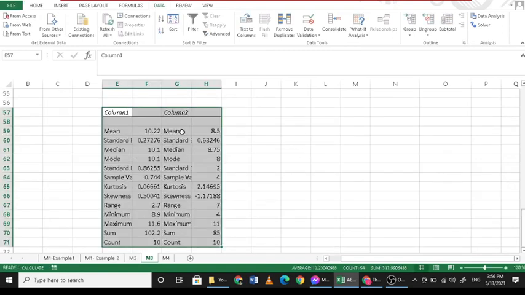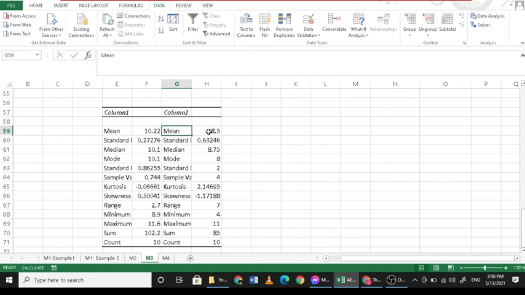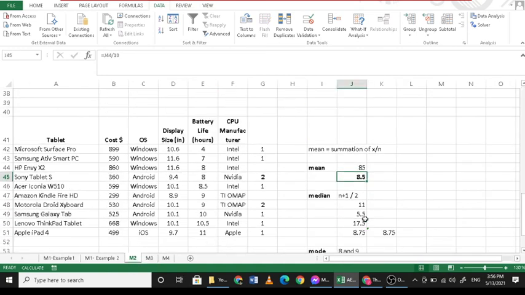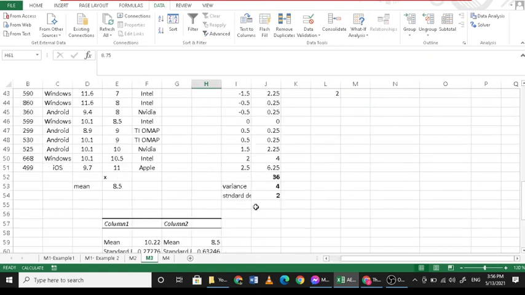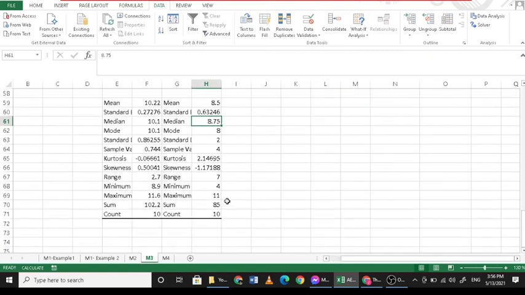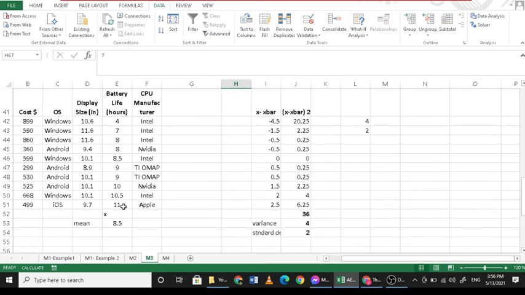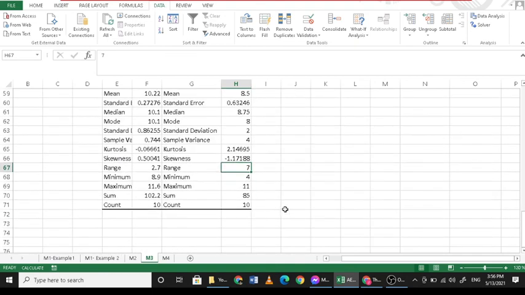For column 2, the battery life, the mean is 8.5, the mode is 8, and the median is 8.75. Your variance and standard deviation are 4 and 2. The range is 7, which is 11 minus 4. So you can also do that. That's for your measures of variability, the standard deviation and the variance.